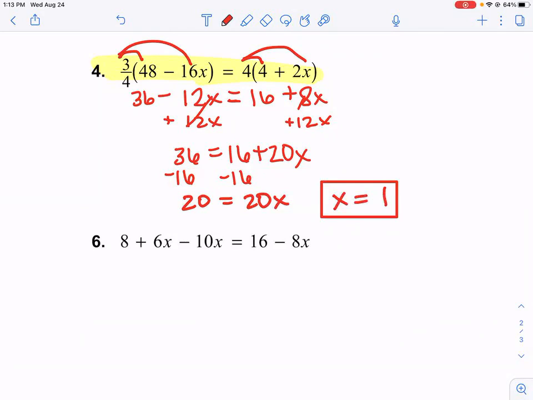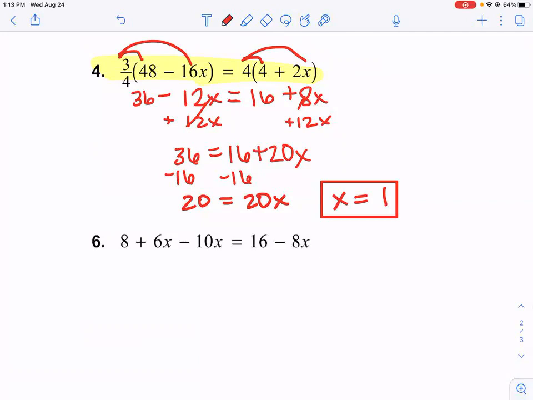Okay, do you remember when I said we should always know if we're right? Okay, let's do that. We have 3/4 times 48 minus 16 times 1. Okay, what's 48 minus 16? 32.